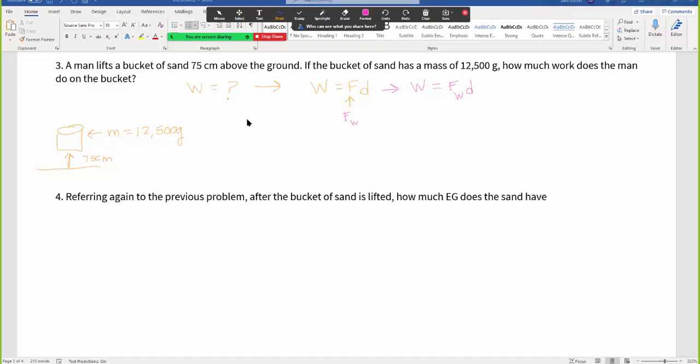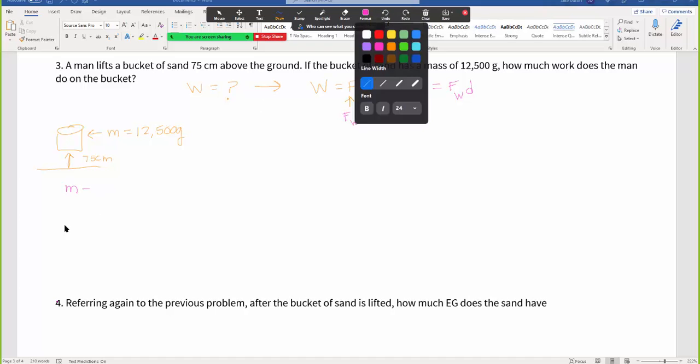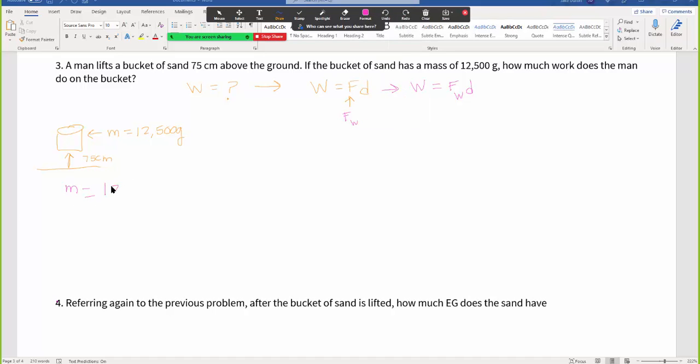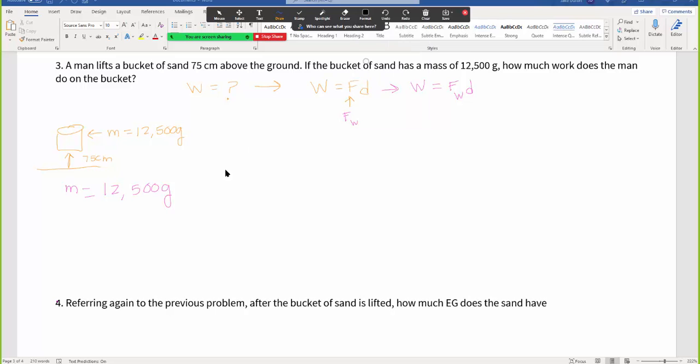All right, so we are given that the mass is 12,500 grams. And we have to change that to MKS units, so change that to kilograms. So there's 1,000 grams in 1 kilogram.